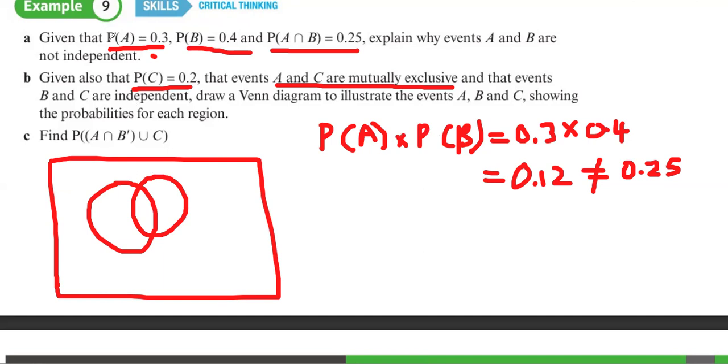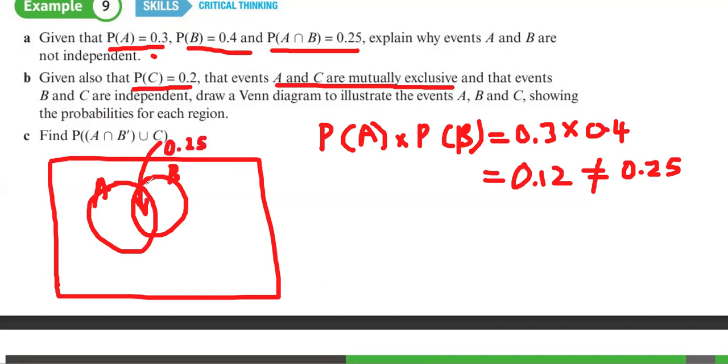P(A) equals 0.3, P(B) equals 0.4, and there is an intersection also. This one is A, the other one is B. Total P(A) equals 0.3, intersection equals 0.25.